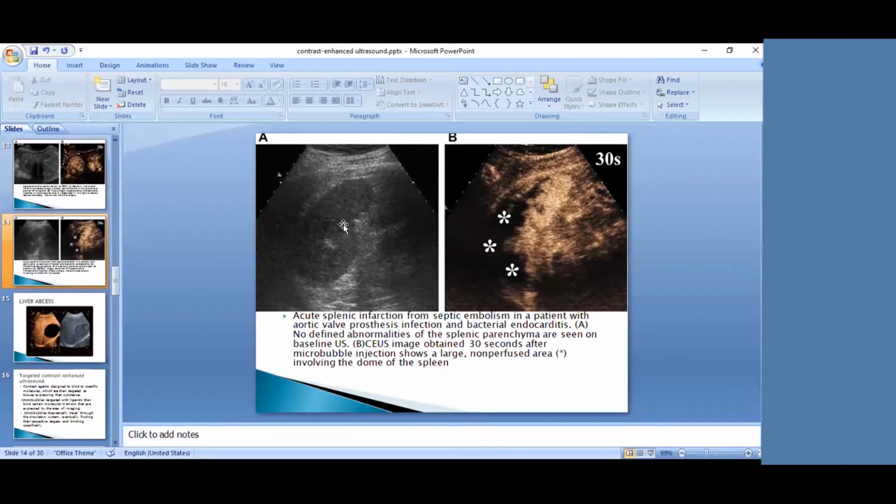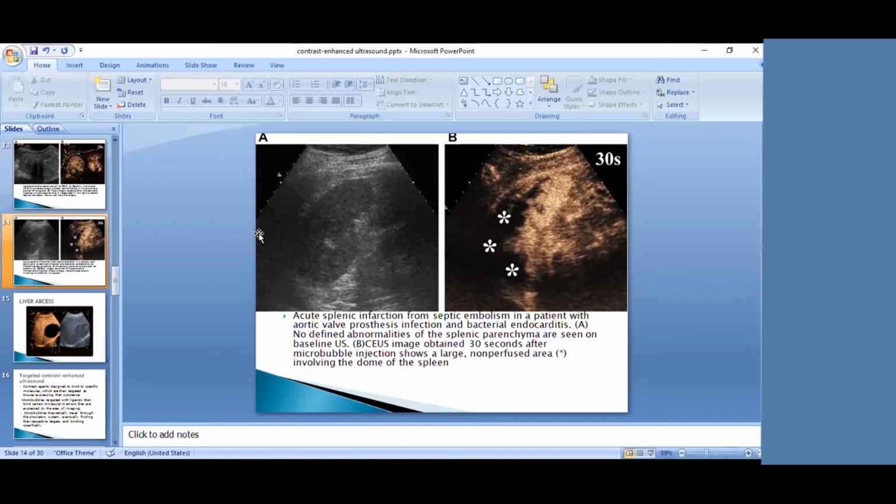He was having an issue with his aortic valve and they replaced it, okay. So then he got a bacterial infection and then there were emboli, septic emboli, which caused a splenic infarction, okay. So this is a B mode image, conventional ultrasound image A.